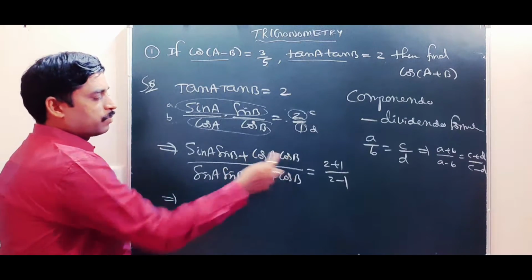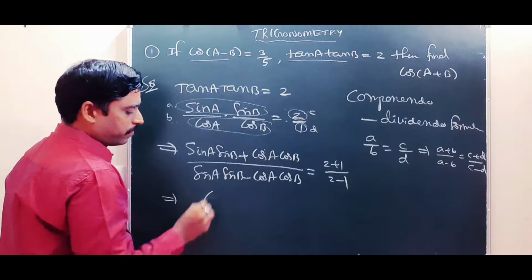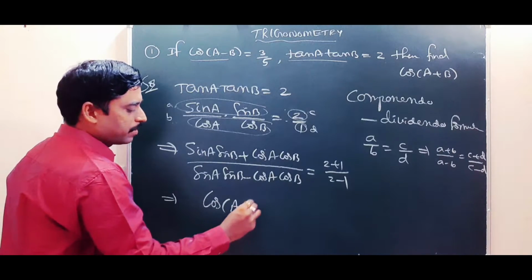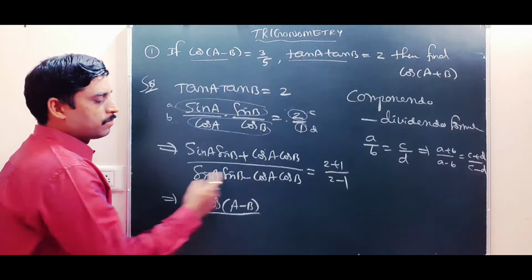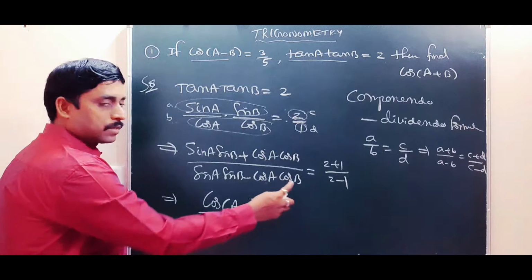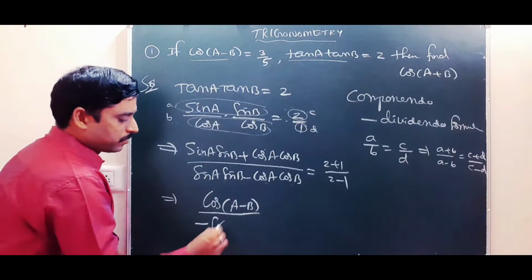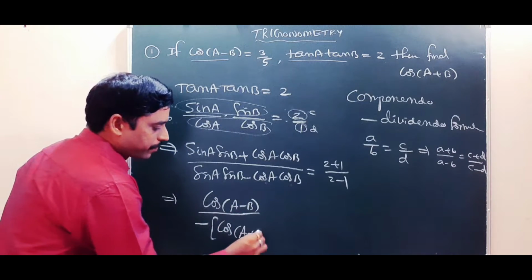So cos A cos B plus sin A sin B, we have the formula cos A minus B. In the denominator, taking minus 1 out common, cos A cos B minus sin A sin B will be cos A plus B.